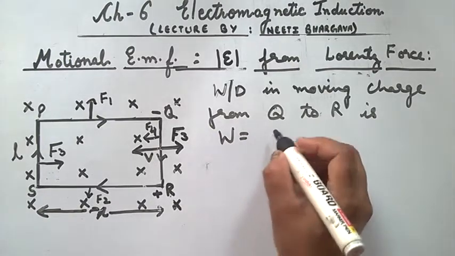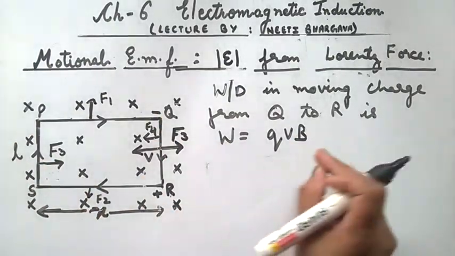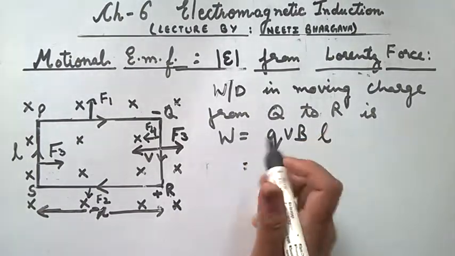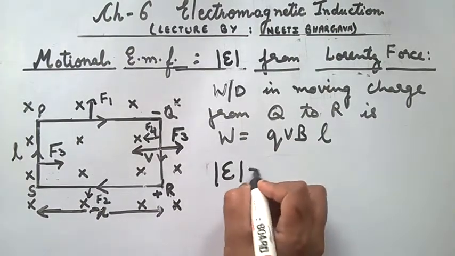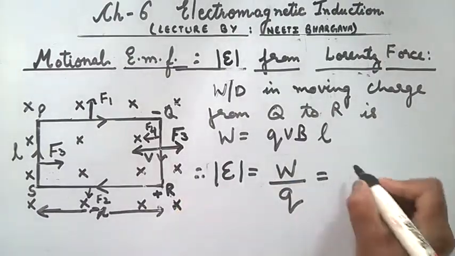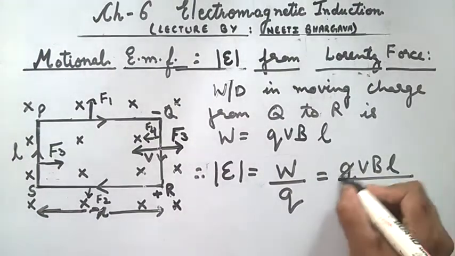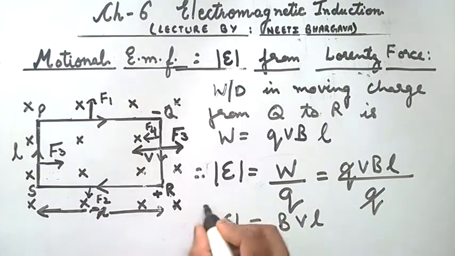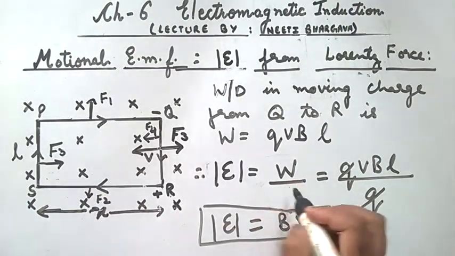Here force is equivalent to QVB and displacement is equal to this breadth length, that is equal to L. The electromotive force, that is induced EMF, is given as work done per unit charge, which is equal to QVBL by Q, and we get induced EMF equal to the same value which we have calculated earlier, that is equal to VBL.